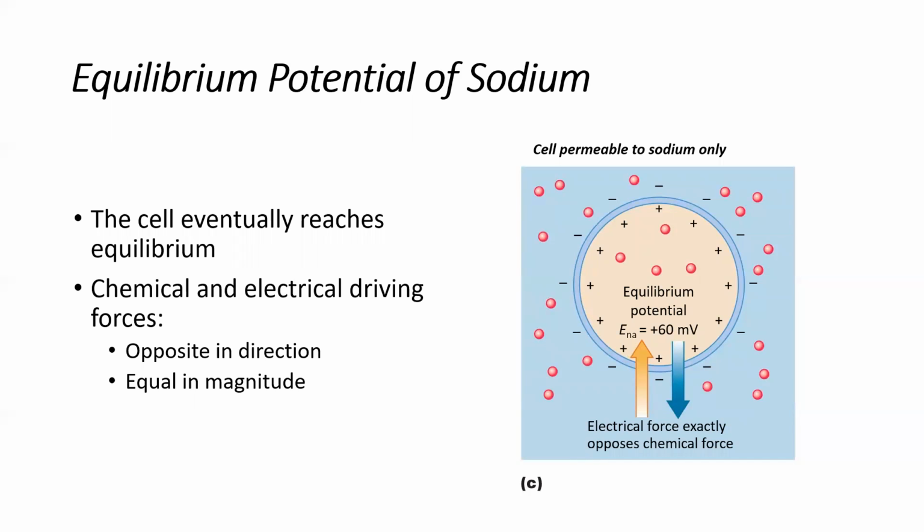And again, what that means is at the membrane potential of positive 60 millivolts, sodium's chemical driving force is into the cell, the same exact magnitude as its electrical driving force, which is out of the cell, okay? And so sodium is no longer moving at positive 60 millivolts.